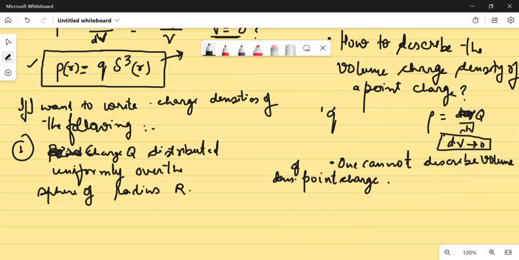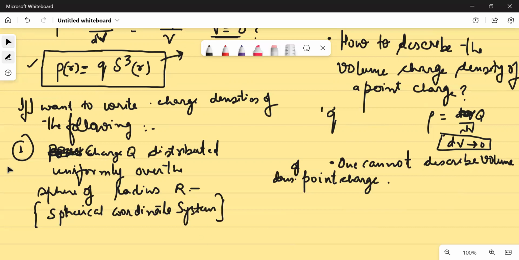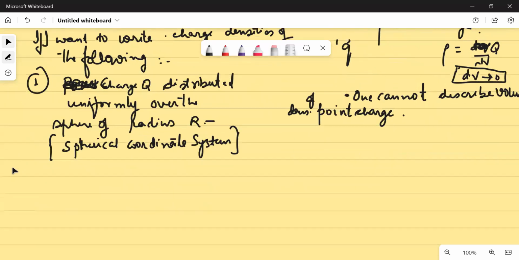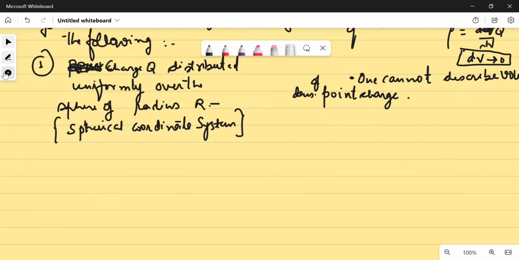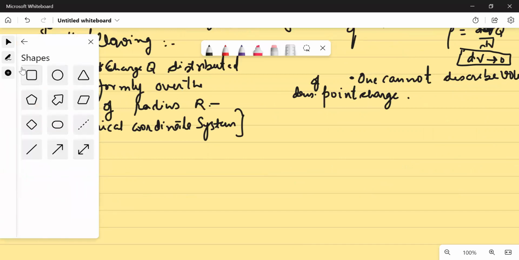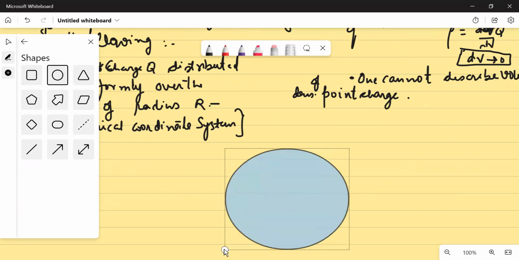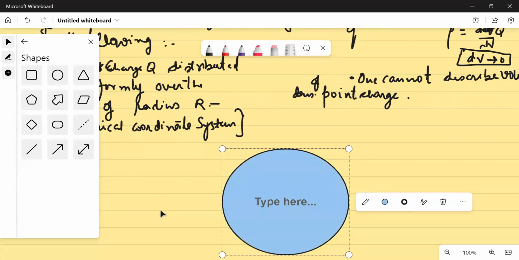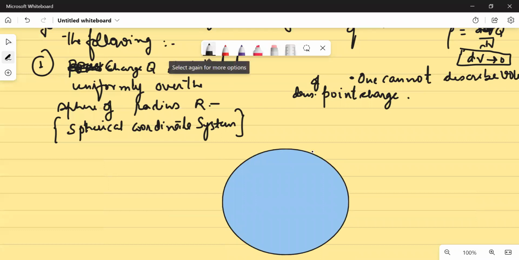So if my charge Q is uniformly distributed over a sphere of radius R, and I want to write the charge density of this particular charge Q, what should I do? Because of the symmetry of the situation, I should prefer using the spherical coordinate system. It is quite clear that whatever charge is located, it is located on the radius.